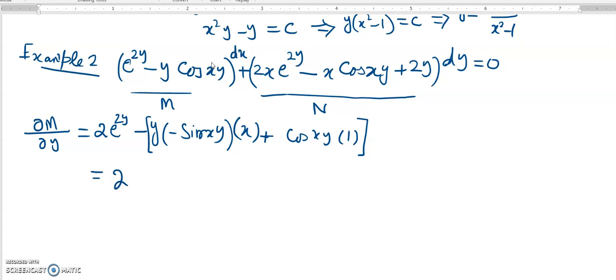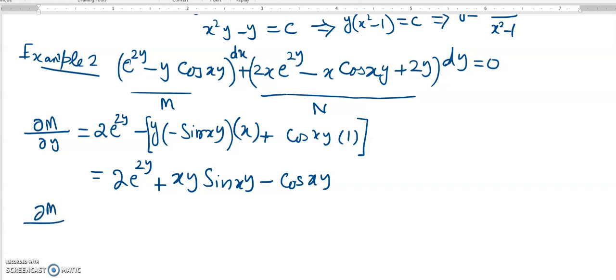So it will be 2e power 2y plus xy sine xy, and then minus cosine xy. So this is partial M over partial y.